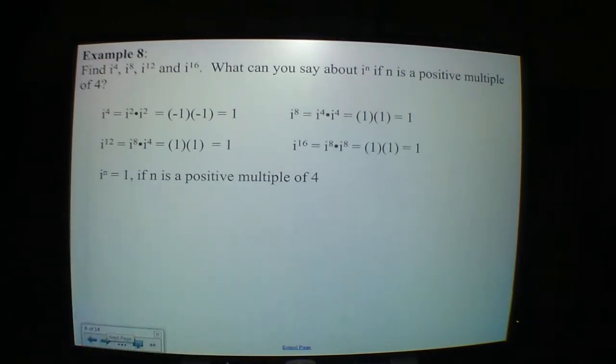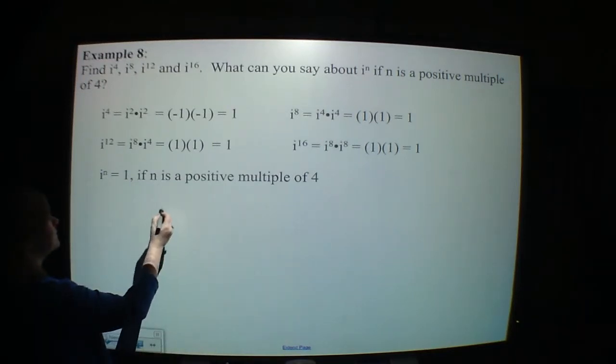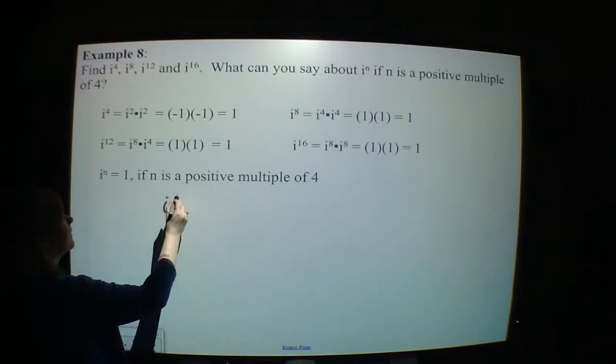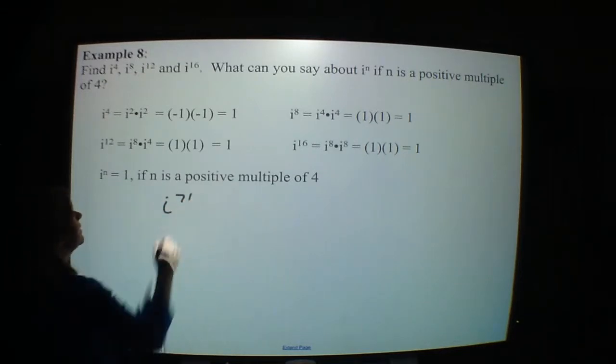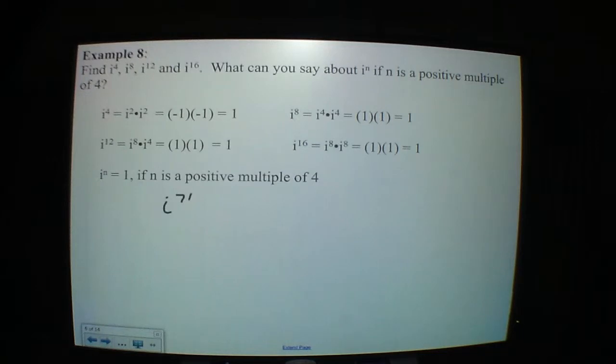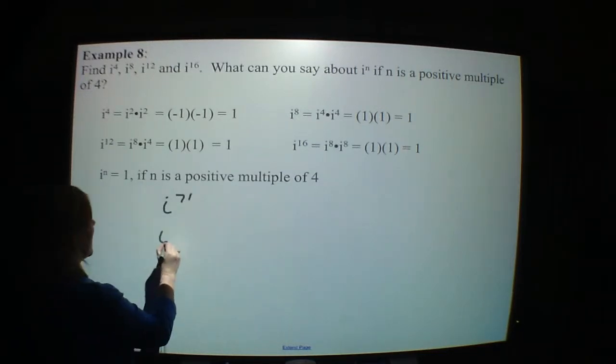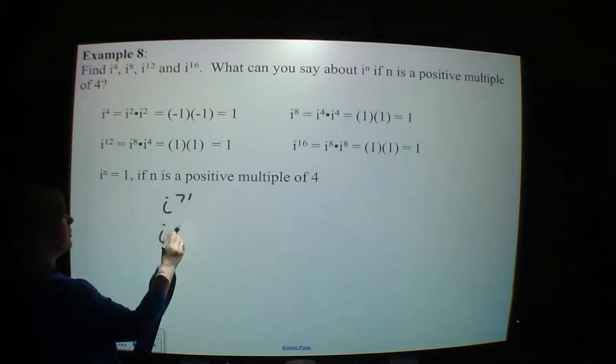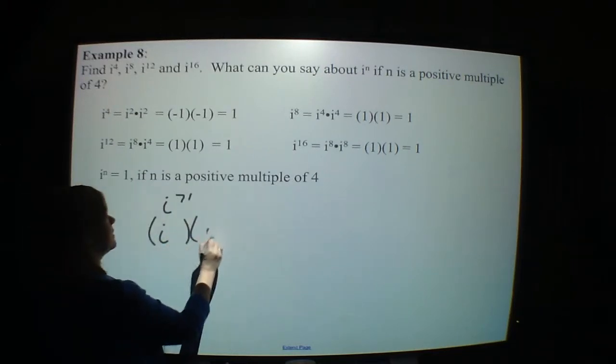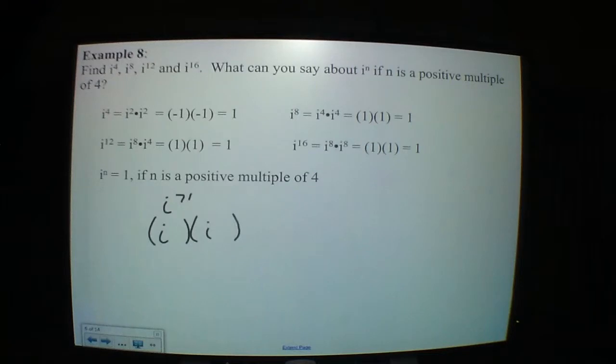If I wanted to find, I don't know, i to the 71st, what you could do is write this as i to some power that is a multiple of 4, as large as you can get, and then i to whatever is left.